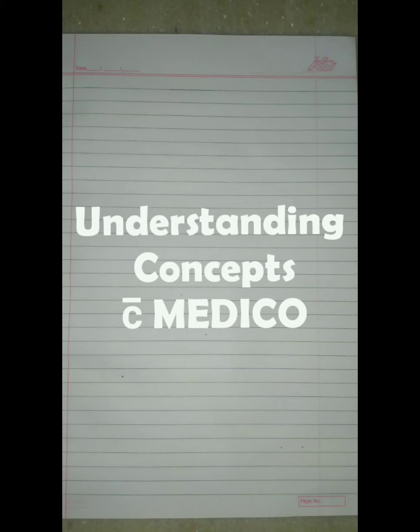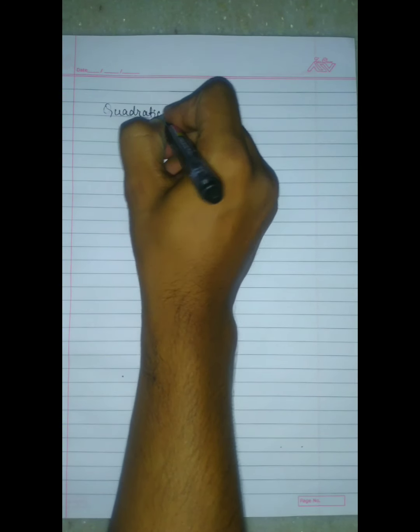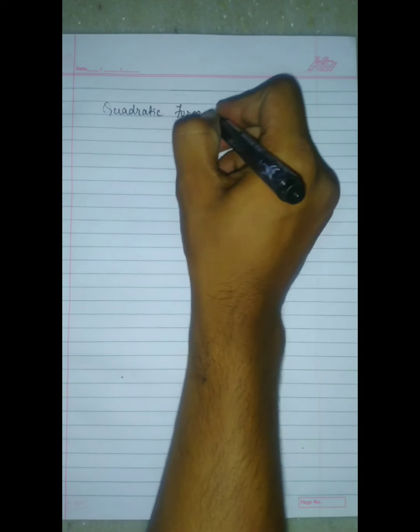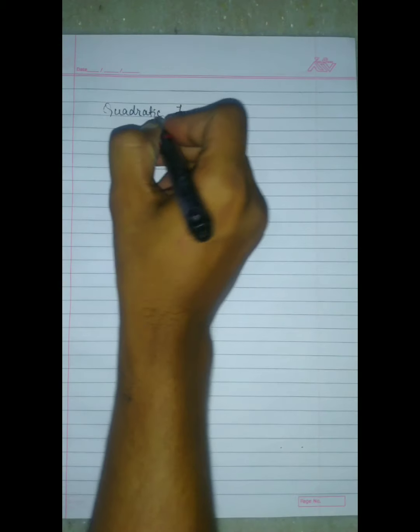In this part of the video, we'll talk about nature of roots. Okay, so in the last video, I talked about the quadratic formula. That was the formula to find the roots of the equation.